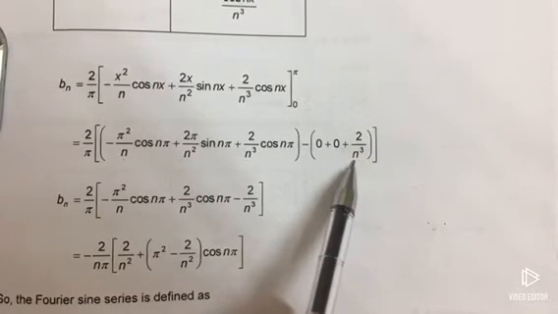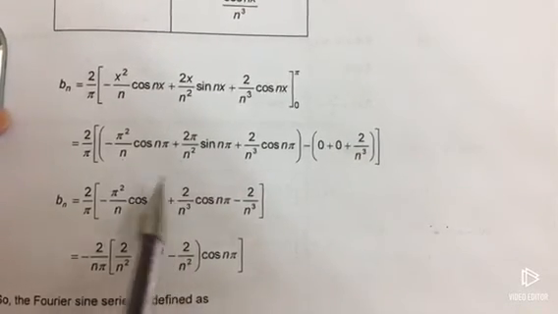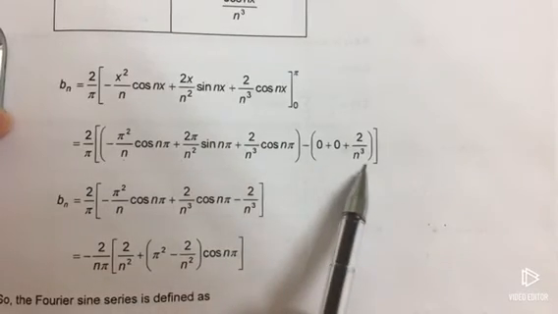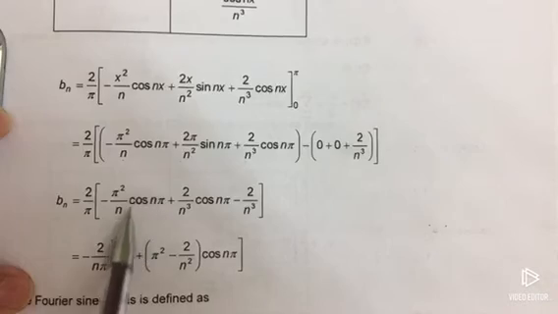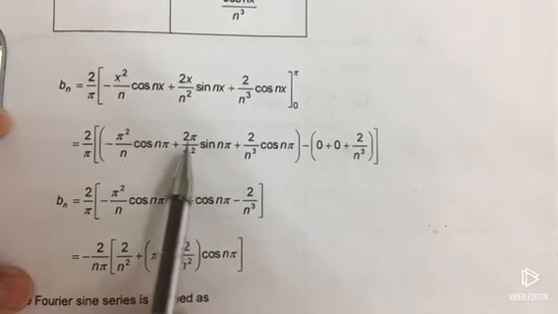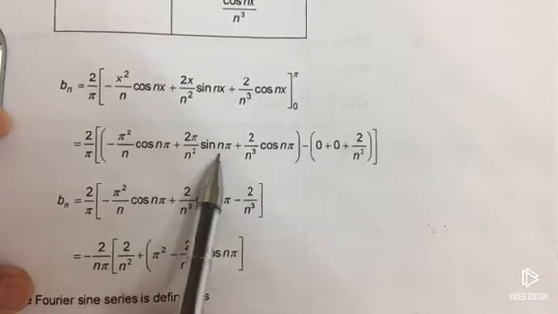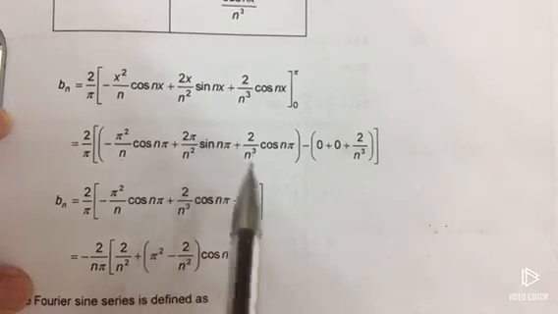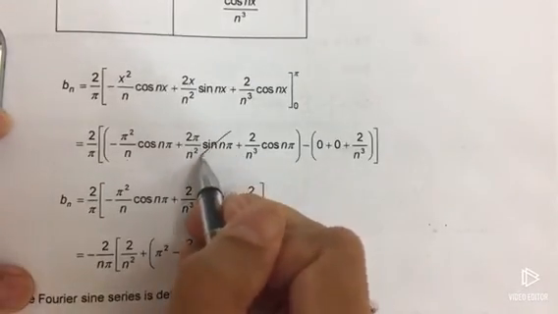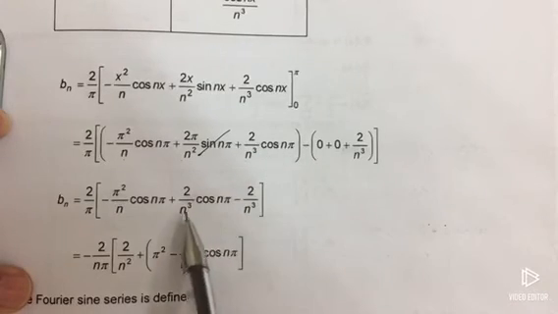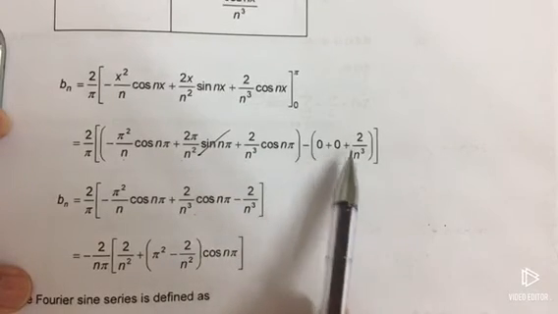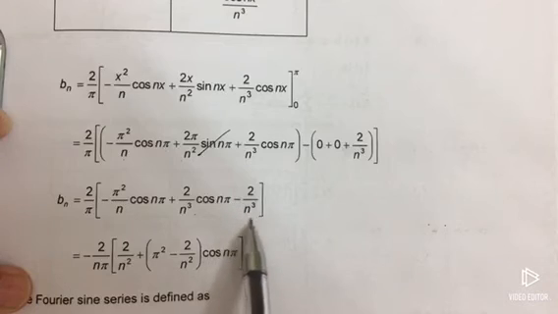over n cubed here. Okay, now we try to simplify this expression. Pi squared over n cos n pi, carry here. 2 pi over n squared sin n pi, and sin n pi is equal to 0, so cancel this term. 2 over n cubed cos n pi, carry here. Minus plus, so minus bring here.